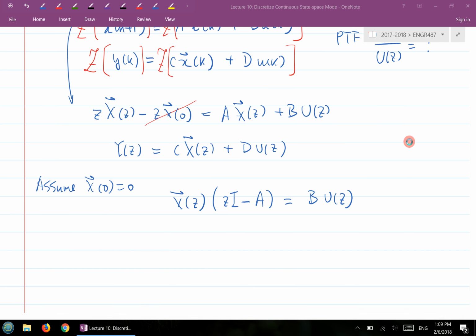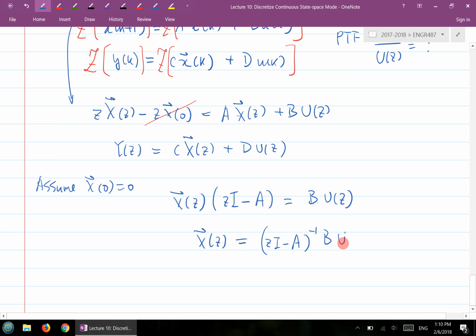And then divide this (zI minus A) to the other side, obtaining the expression for X(z). So we get (zI minus A) inverse times B U(z). Here's your X(z).